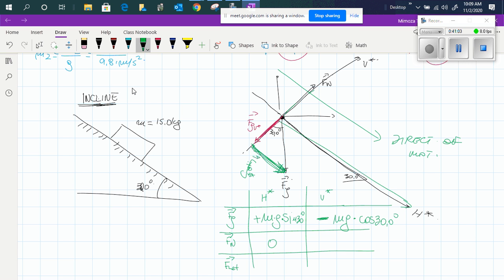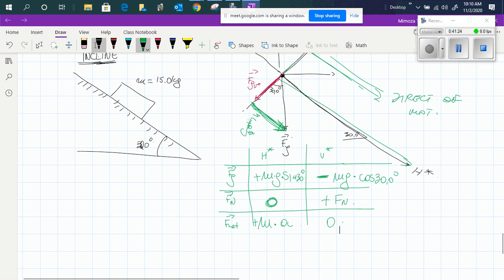The horizontal component of force of normal is 0, and the vertical component is positive force normal. In the horizontal axis, this is where the object is moving, and then we will have positive mass times acceleration. And on the vertical axis, the object is not moving. From the vertical axis, we find what is force normal.